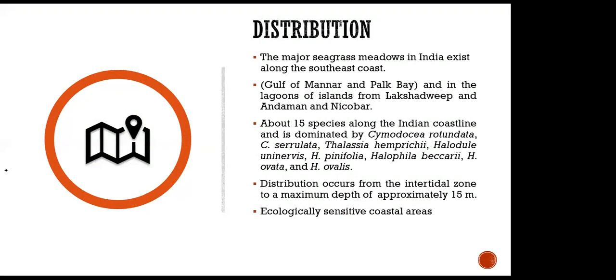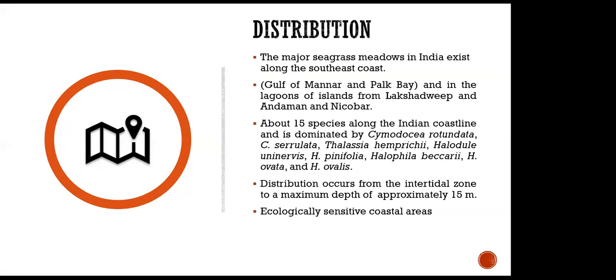Distribution. In India, we have major seagrass patches or meadows on the southeast areas. The Gulf of Mannar, Palk Bay, and the lagoons of Lakshadweep and Andaman Nicobar have the highest areas of seagrass. We have around 15 species of seagrass, and these are some examples of species which are dominantly found along our shoreline.